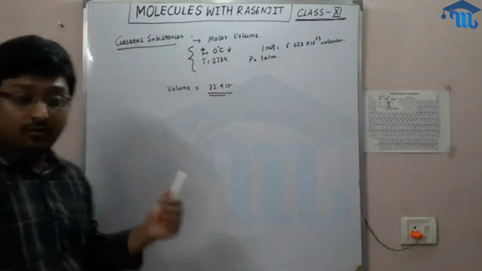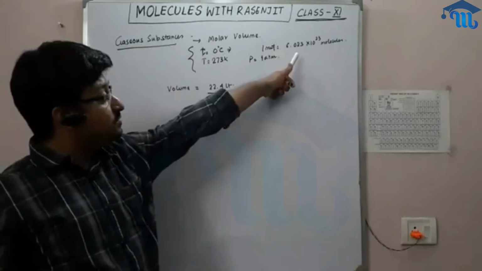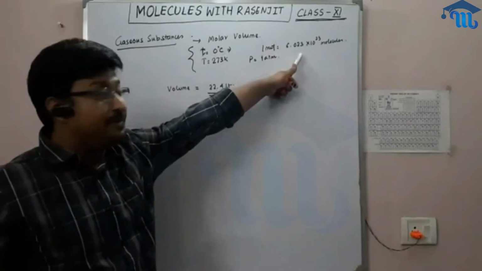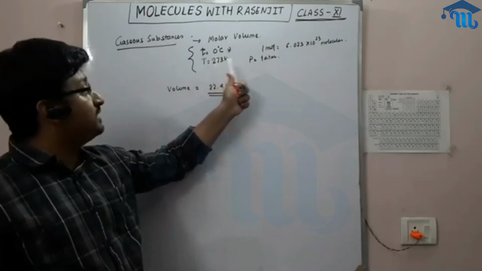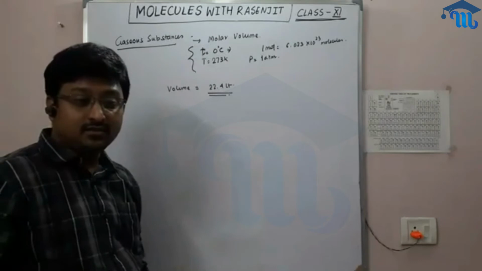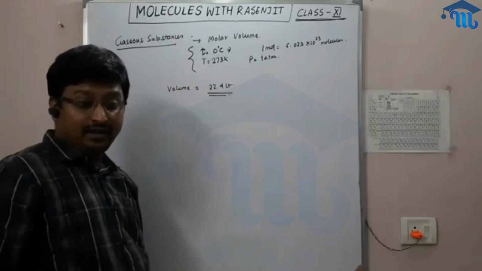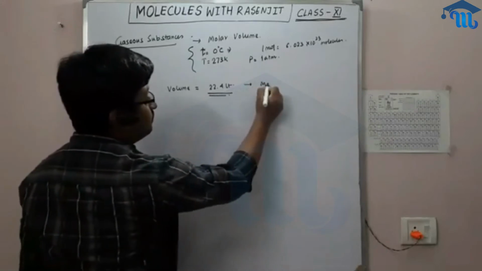So for 1 mole of any gaseous substance, if we take the temperature as 0 degrees Celsius and pressure 1 atmosphere, we will get the volume of the substance as 22.4 liters. And this volume is known as the molar volume.